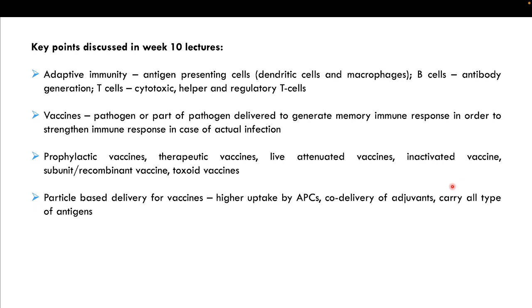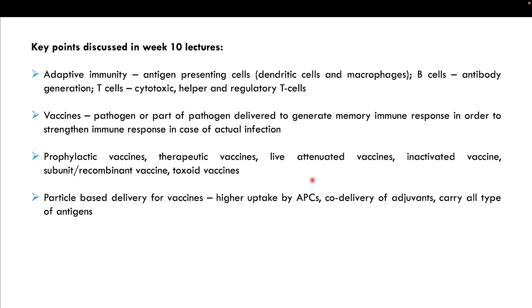So our main aim of delivering vaccine with particles is we want most of the vaccine content, whatever it is, the live attenuated pathogen, or it could be a subunit pathogen, to go into these macrophages, which will then enhance the immune response by antigen presentation.